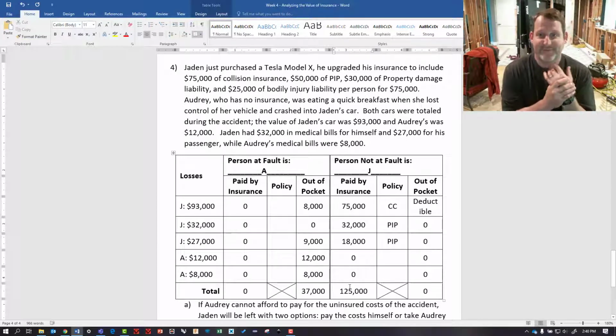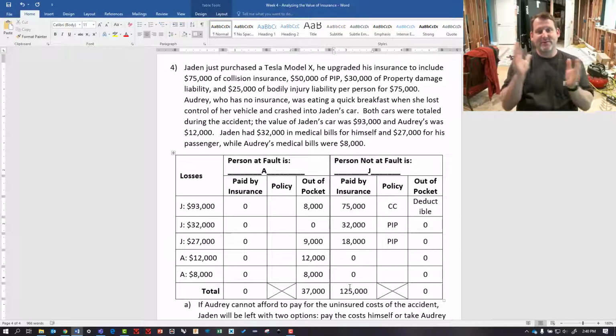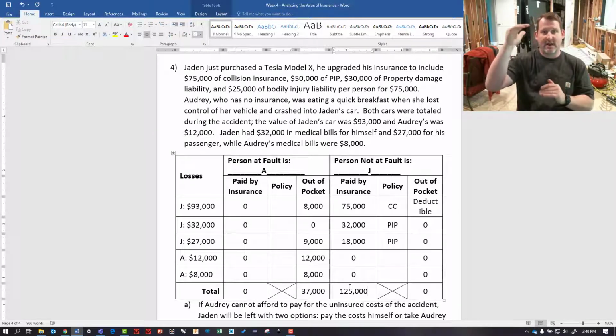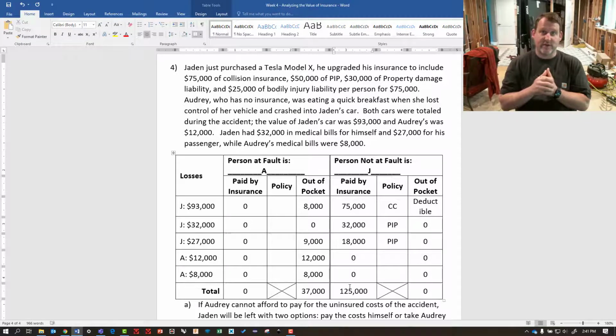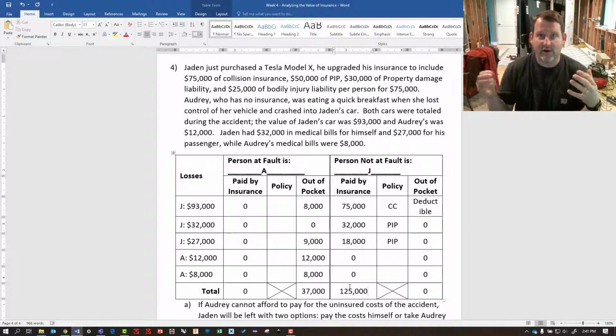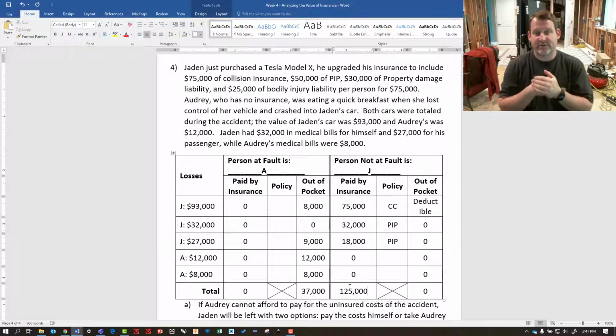So moral of the story is as you get cars that are nicer and nicer over time, you need to have collision coverage. You wouldn't get collision coverage if you have kind of a junker that's like a $500 car, because when you crash, your deductible is going to probably be more than that anyway. You need to have PIP insurance, so personal injury protection. That way, if you cause an accident or you veer off the road or you fall asleep, you'll have your medical bills covered.